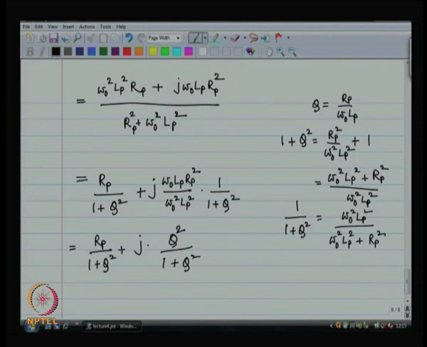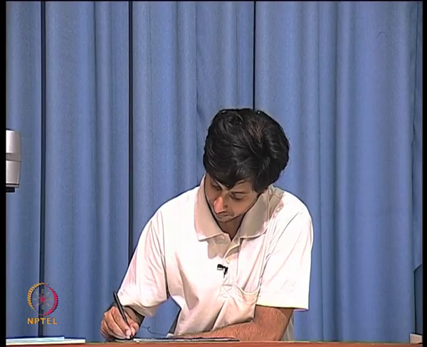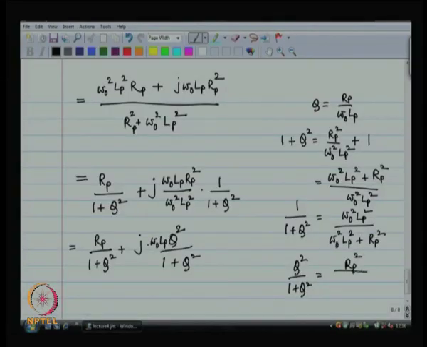How is this correct? Is this correct now? Yeah.